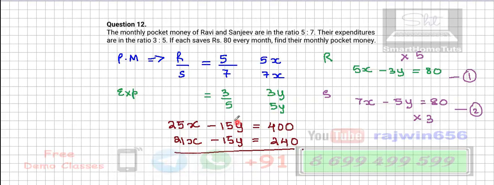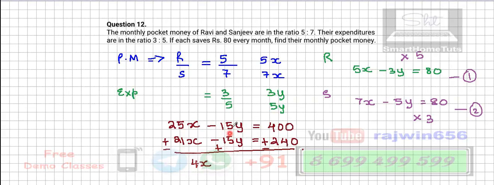The signs of the coefficient of y are the same, so I'm supposed to change the sign of all the terms. So this plus 21x is going to become minus 21x. Minus 15y will become plus 15y. And this plus 240 is going to become minus 240. 25x minus 21x is 4x.